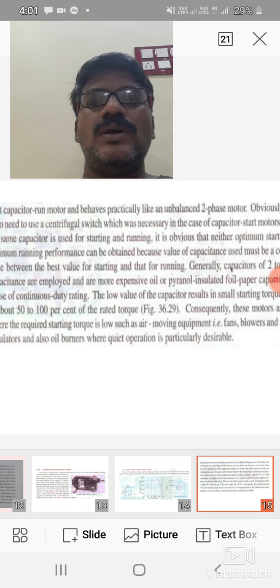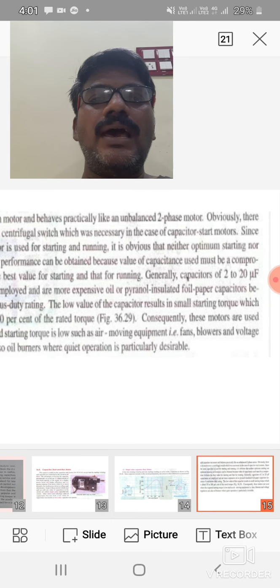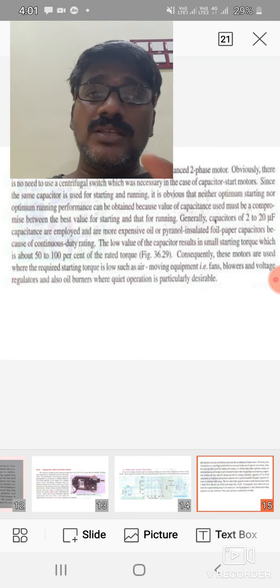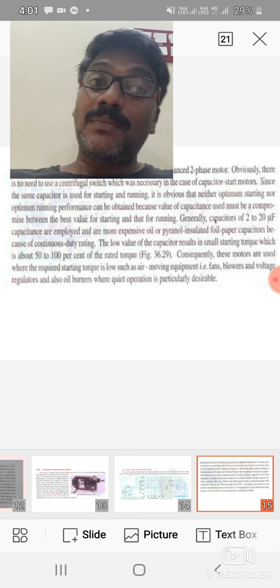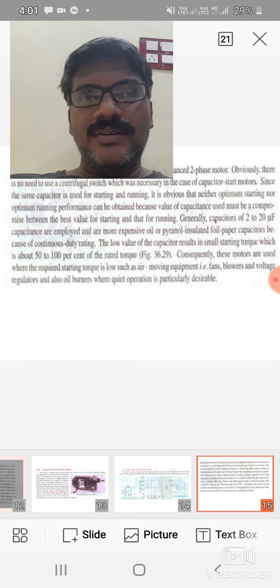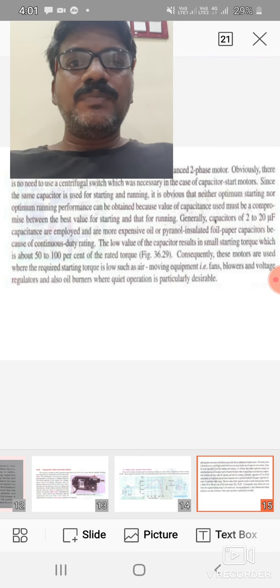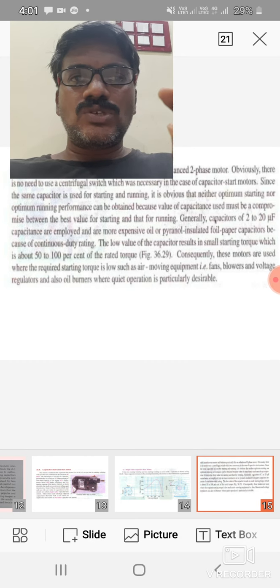And it behaves practically like an unbalanced two-phase motor, right? Just like an unbalanced two-phase motor, we are using two windings permanently, continuously. But in the case of the capacitor start type, only one winding is used at the start; the starting winding is connected only for a small duration.